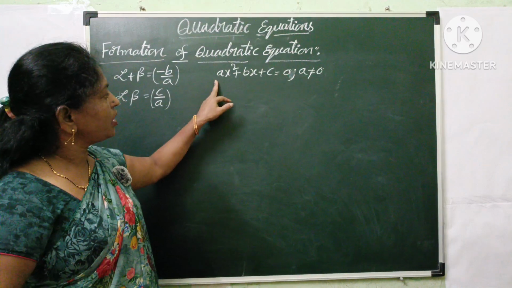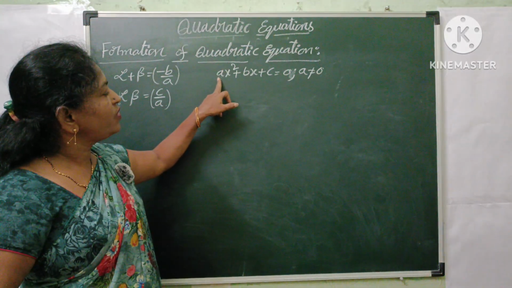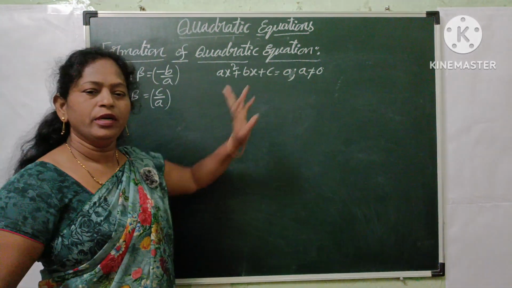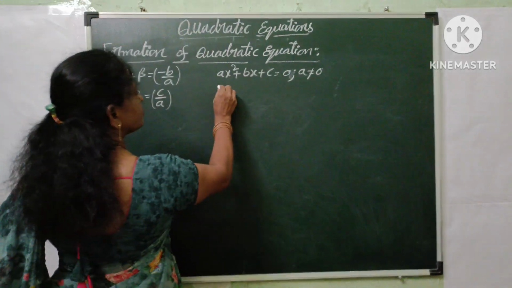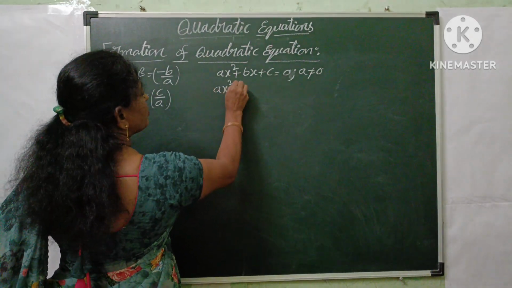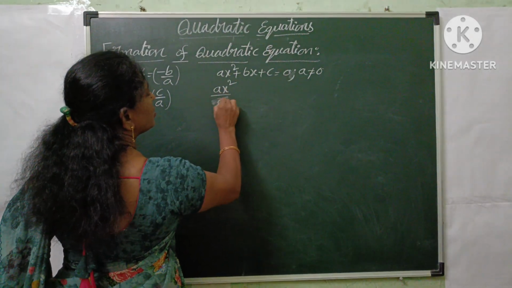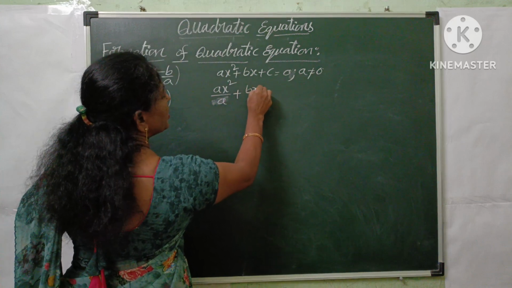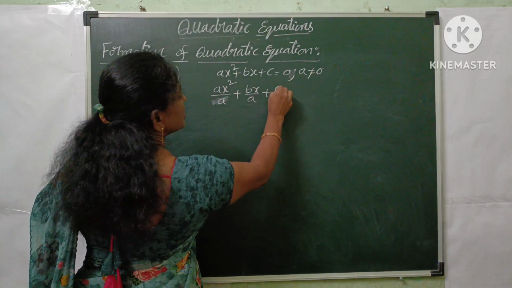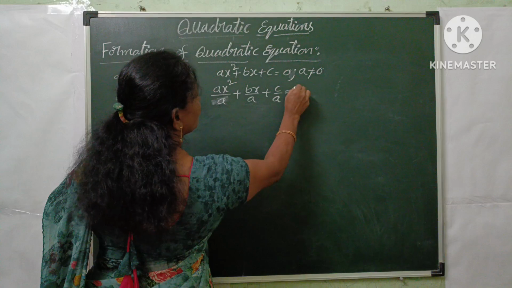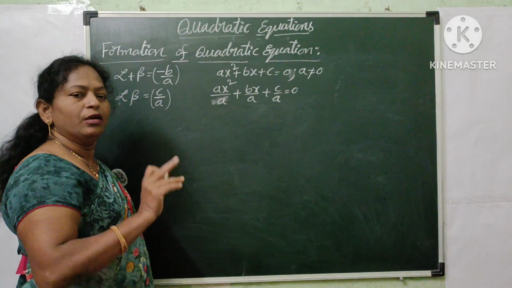Okay, here the x square coefficient must be 1. So what we have to do here? We need to divide all terms of the equation by the coefficient of x square. So ax square by a, plus bx by a, plus c by a. Why? Because the x square coefficient will be 1.